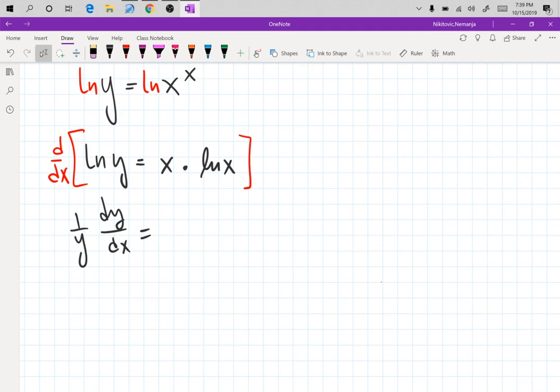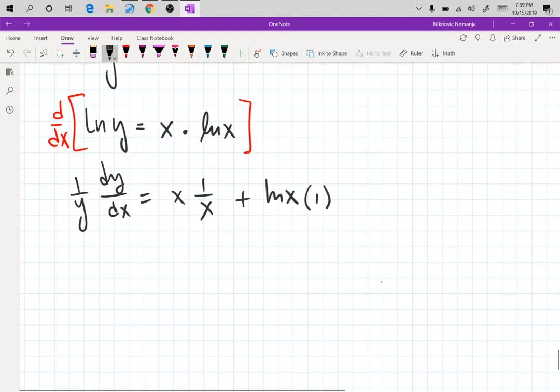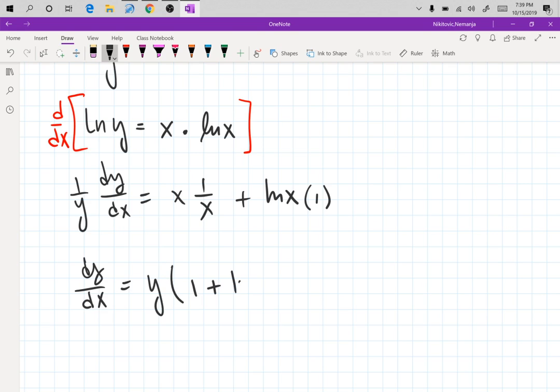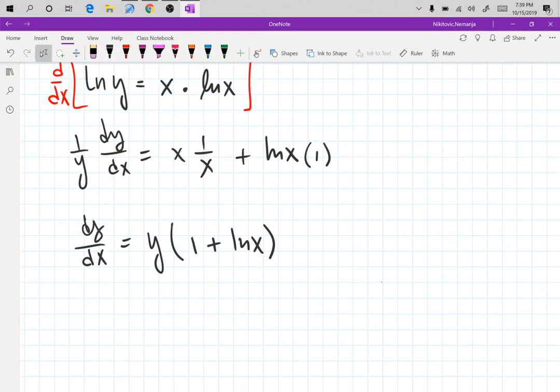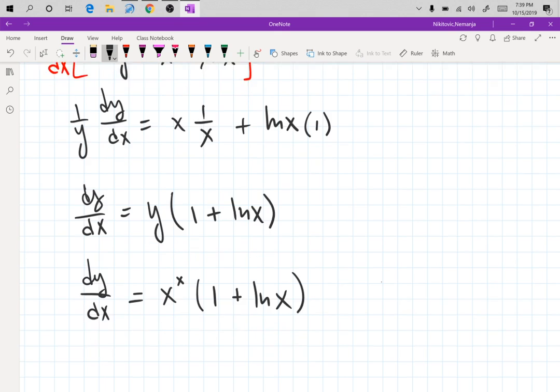On the right hand side you have the product rule. Copy the first, derivative of the second, plus copy the second times derivative of the first. dy dx is equal to y times 1 plus ln x, and we know y is x to the x, so dy dx is equal to x to the x times 1 plus ln x.